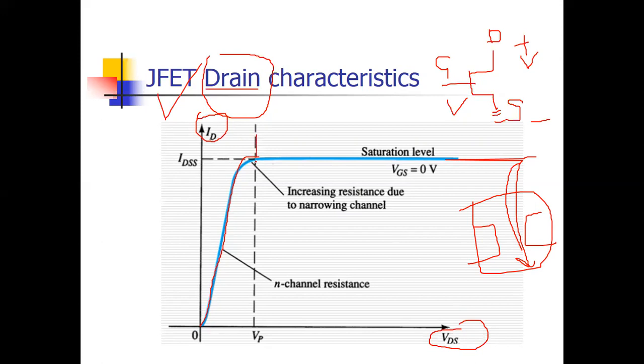What happened at pinch off point? At pinch off point, these two depletion regions touch, and the gap was zero. But as I have already explained, current will not be zero. Current will be constant, because there was some barrier potential. This is your JFET drain characteristics.